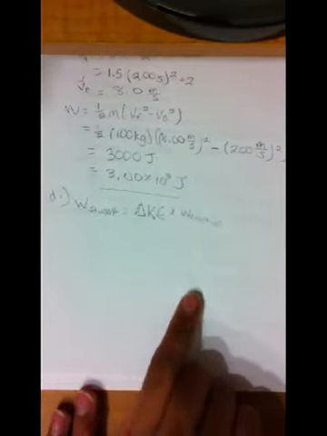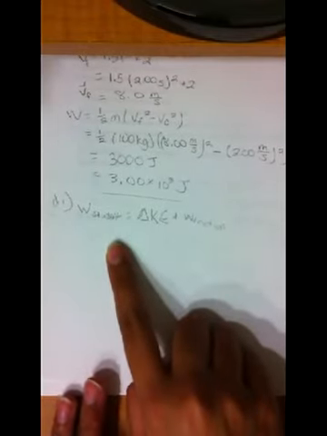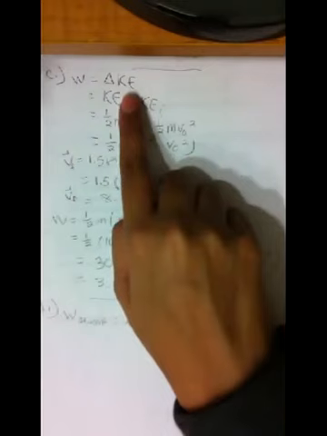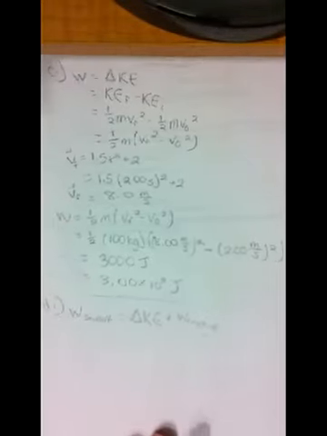With this, we can easily see that the work done by the student will be a lot greater than what we had in C, which was just simply kinetic energy. And that is the end of the question.